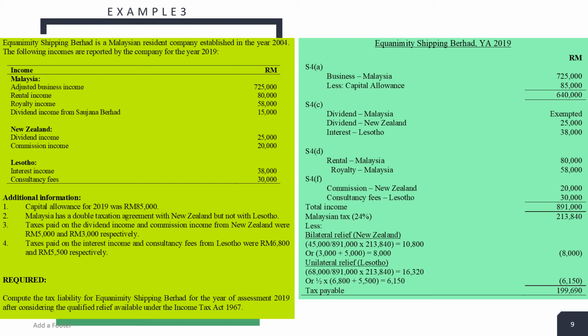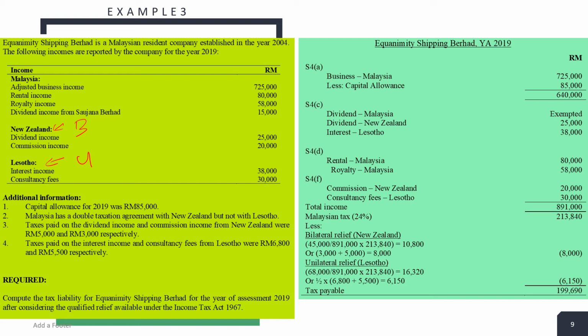Additional information, capital allowance for 2019 was 85,000. Malaysia has a double taxation agreement with New Zealand but not with Lesotho. So meaning that this one is bilateral, this one is unilateral. Taxes paid on the dividend income and commission income from New Zealand were 5,000 and 3,000 respectively.